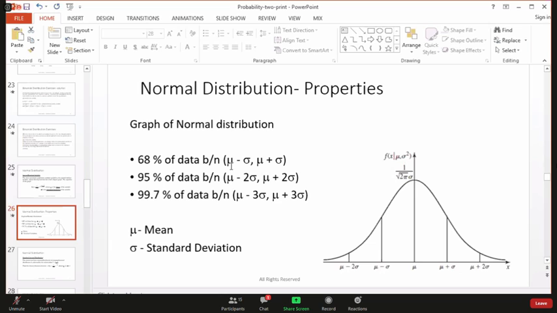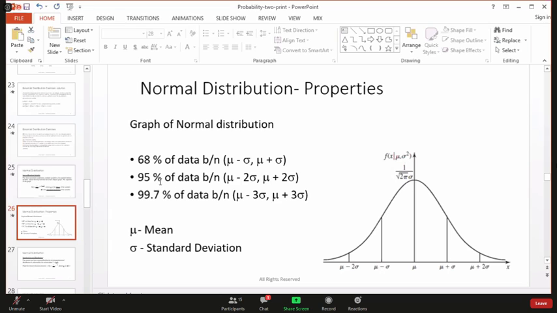What is this range? 50 minus 10 is 40, so mu minus sigma is 40. Mu plus sigma means 50 plus 10, 60. That means approximately 40 and 60. Actually, 68% of the students' marks are between 40 and 60. That's the meaning, right? If the marks are normally distributed.